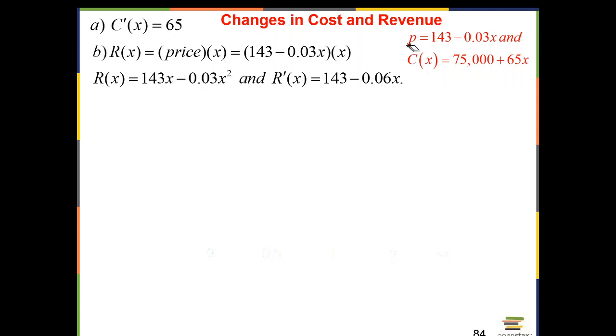Now, what about revenue? Revenue would be price times x, this is the price function, times x. So that's the revenue. So what's the rate of it? We take the derivative, 143 minus 2 times x to the first power.